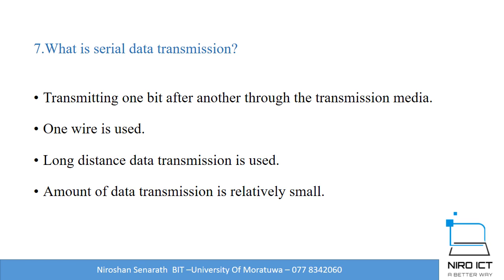So think about a real world scenario. You are in a queue to buy tickets, so you have to wait until the first person buys a ticket, and after that the second one, the third one, then you have to wait until your turn comes. The same thing happens when we are transmitting data bits through a wire or wireless media, we transmit one after the other.